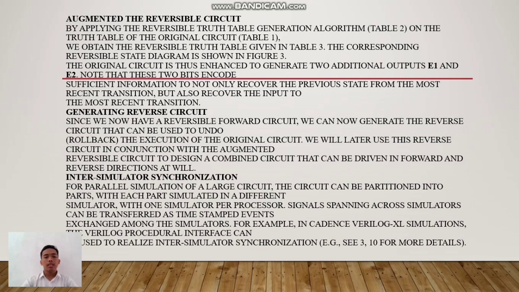For example, in Cadence Verilog-XL simulation, the Verilog procedural interface can be used to realize inter-simulator synchronization.